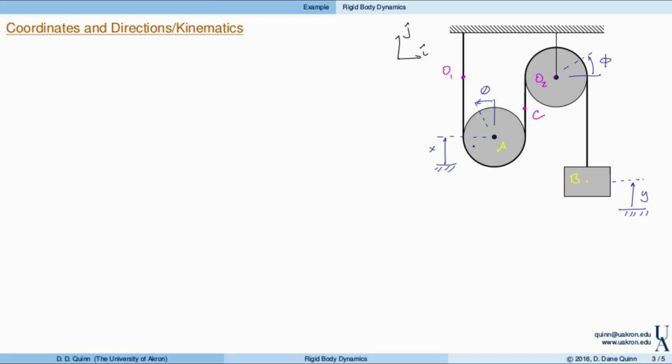But for now, let's go through and define the acceleration, both linear and angular acceleration, of each object.